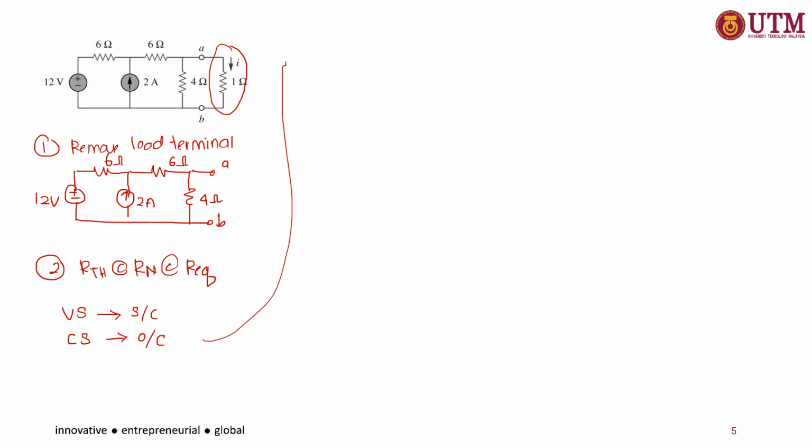Okay, so I can redraw the new circuit. And your RTH, your R equivalent, should be seen at this terminal A and B.